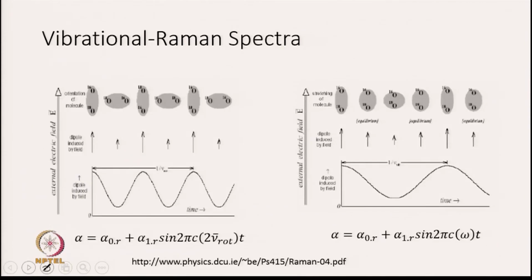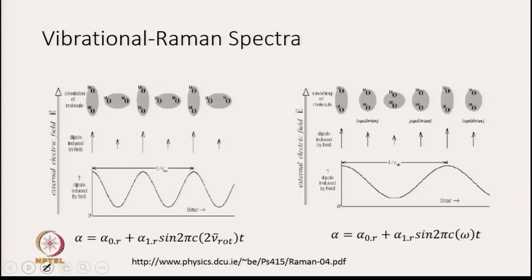Now let us think about how to express the polarizability. There is a difference between the representation of polarizability in the rotational spectrum in comparison to the vibrational spectrum, because these are two different kinds of motions.